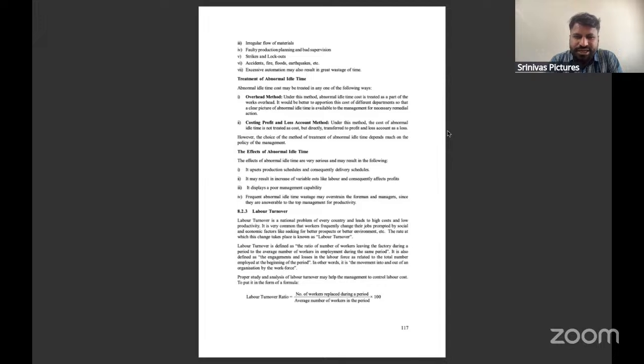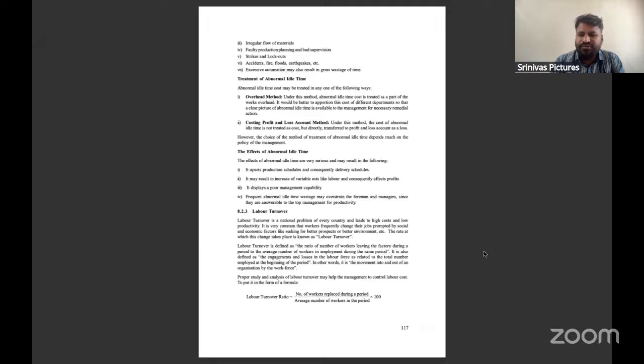The rate at which this change takes place is known as labor turnover. Labor turnover can be defined as the ratio of the number of workers leaving the factory during the period to the average number of workers employed during the same period. It is also defined as engagements and losses in the labor force relative to the total number employed.